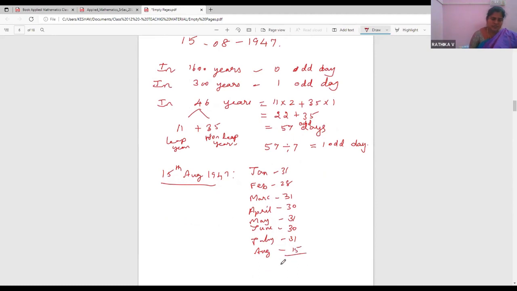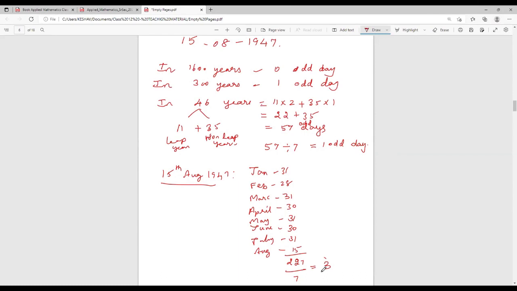What is the total? 227. 227 divided by 7, here the number of odd days is 3.